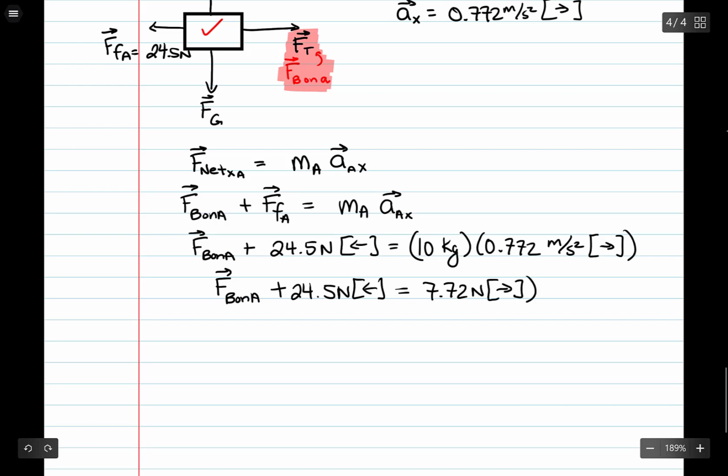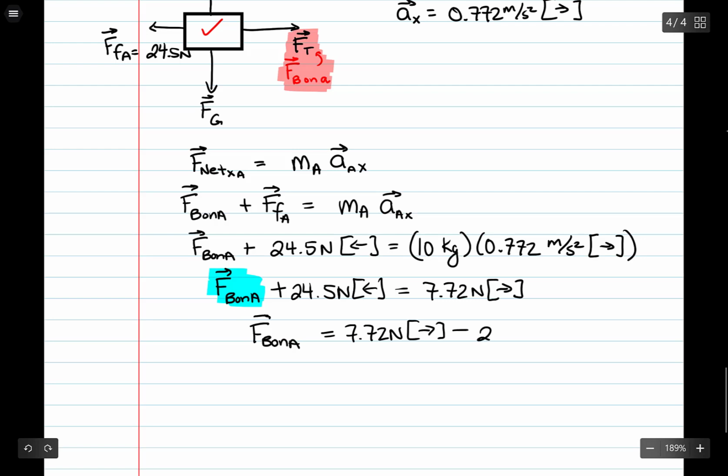Well, now let's deal with isolating for our unknown here. This is our unknown that we're trying to isolate for. So I'll subtract 24.5 newtons to the left from both sides, and that leaves me with 7.72 newtons towards the right.